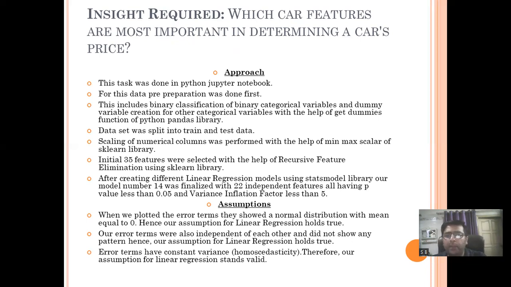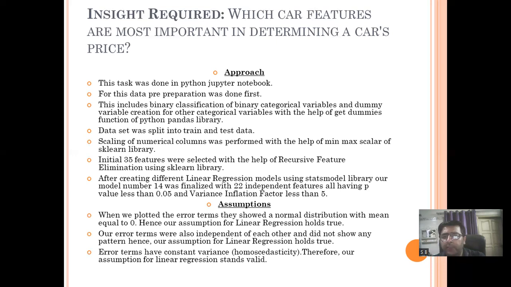This pre-preparation includes binary classification of binary categorical variables, and dummy variable creation for other categorical variables which have more than two levels, which was done with the help of the getDummies function of the Python pandas library. The dataset was then split into train and test datasets. Scaling of numerical columns was performed with the help of the min-max scaler of the sklearn library.